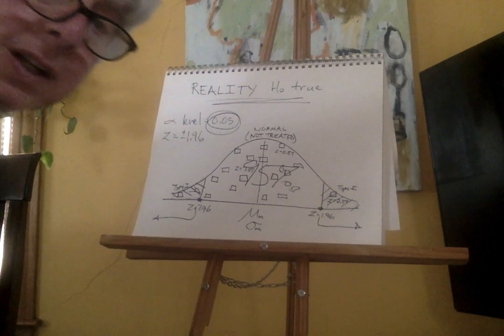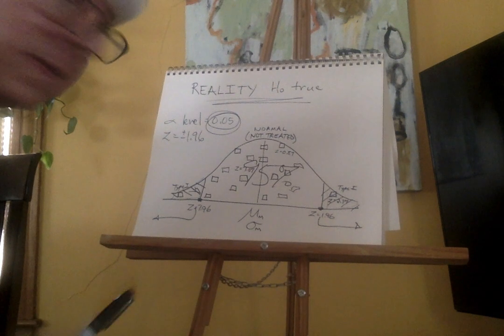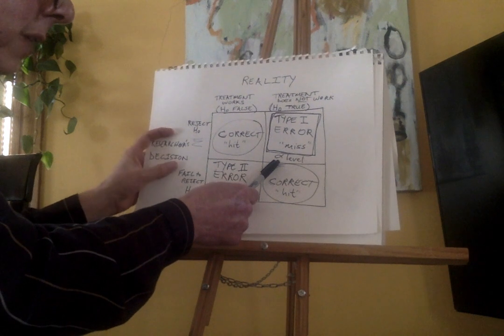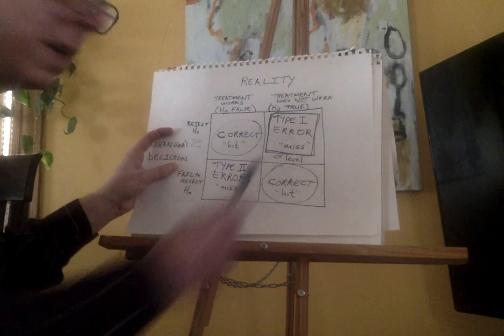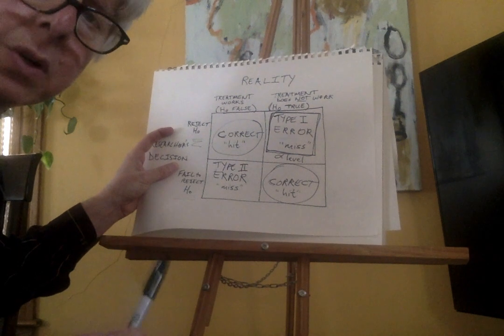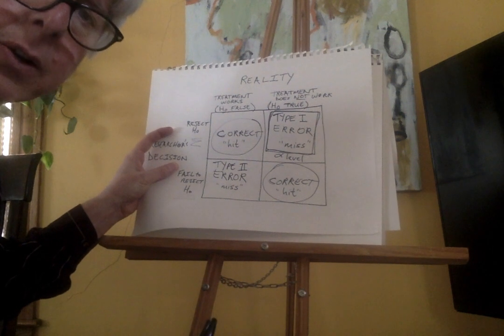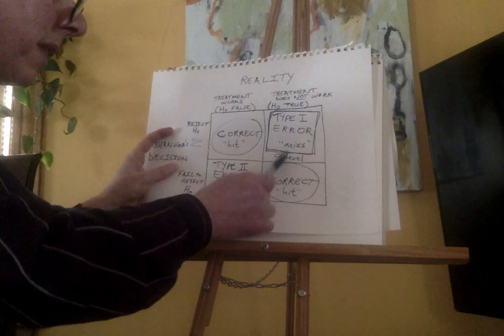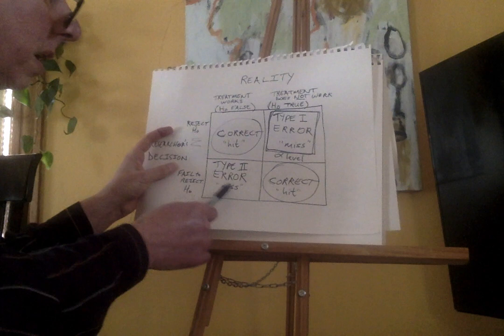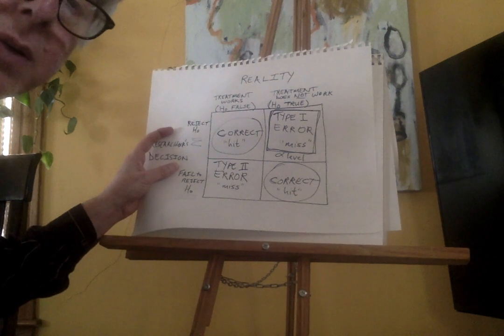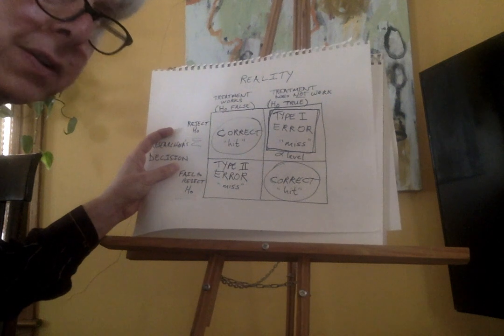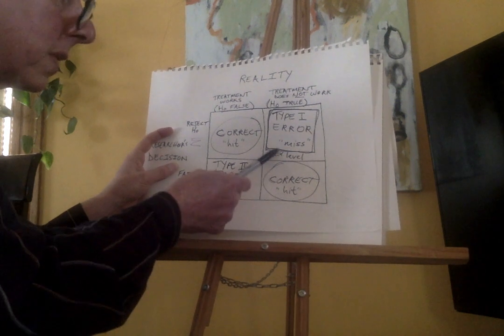If we have the alpha level set higher or lower, that's going to affect the probability of making a type 1 error. Scientists have agreed to sort of accept the fact that they're going to make a mistake 5% of the time. That's set by the alpha level. Okay. The probability of making a type 2 error is dependent on a lot of different things. We know what this level is.